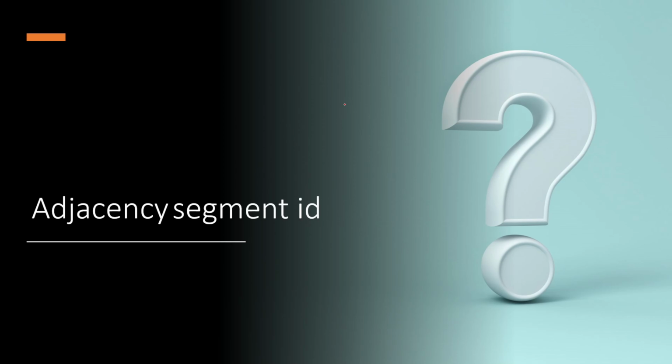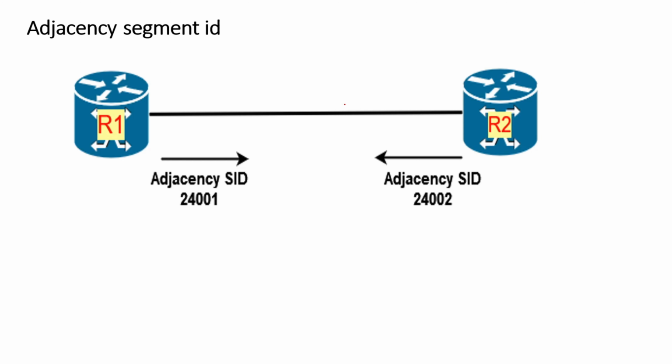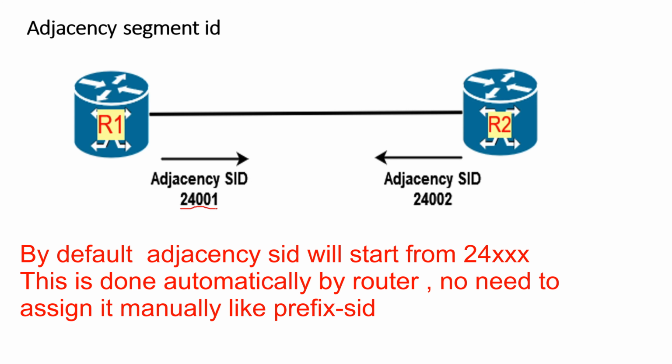Next one is adjacency-sid. Adjacency-sid will be allocated by the router by default, no need to assign it anywhere, and by default it starts from 24000. It will be assigned to a particular adjacency, so it could be an ISIS or OSPF adjacency, and it will be assigned both ways.